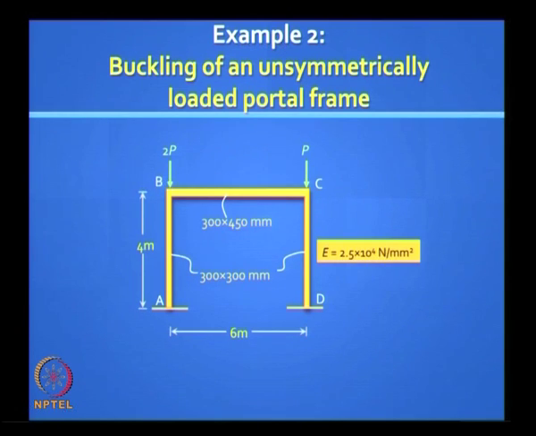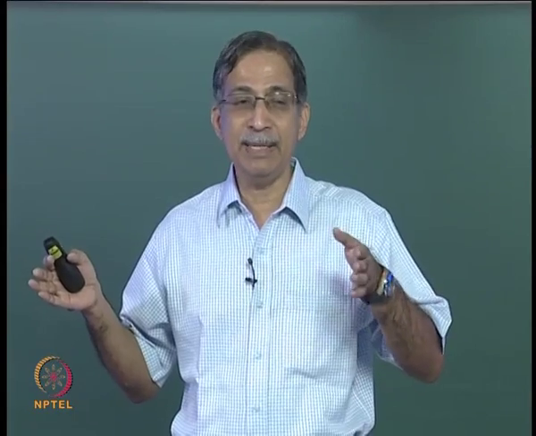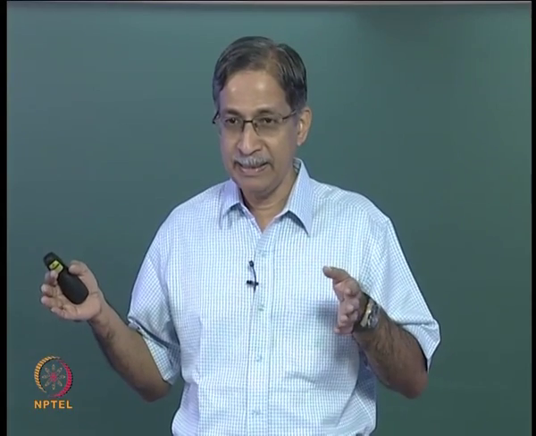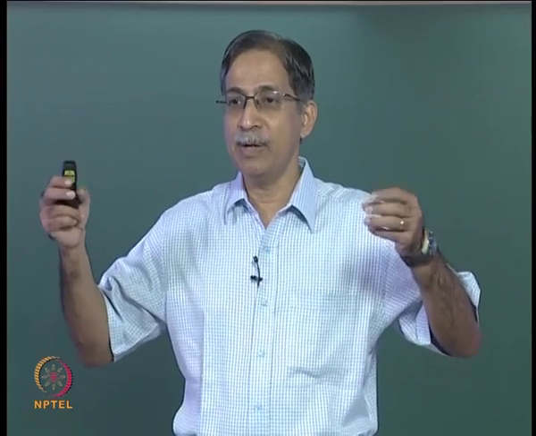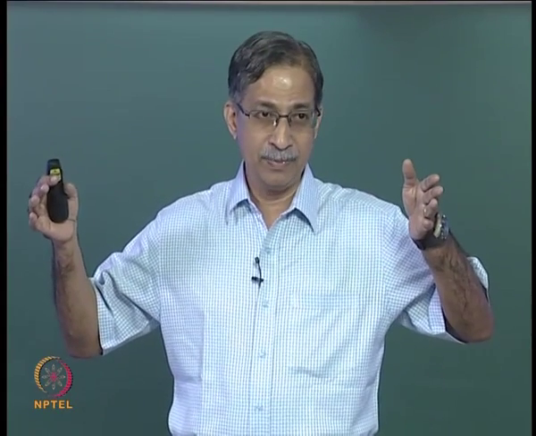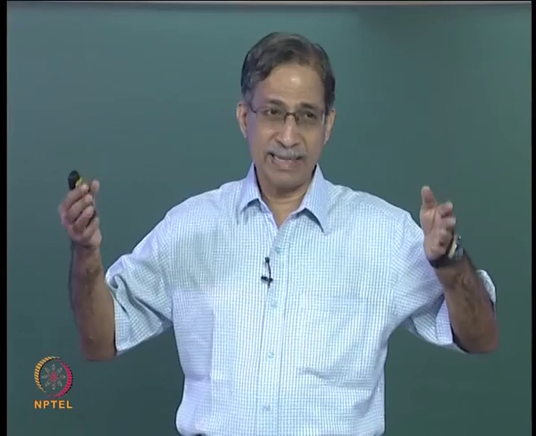Let us demonstrate with a portal frame. Okay, it is an unsymmetrically loaded portal frame. Typically how you find the buckling load is, you have to keep incrementing the loads. Let us say you start with 0, but you keep that proportionality, you know, if at C you are applying P, at B it should be 2 times whatever you are applying, and if you were to do an experiment, you keep loading it, maintaining that ratio, that is called a load factor, by the way.